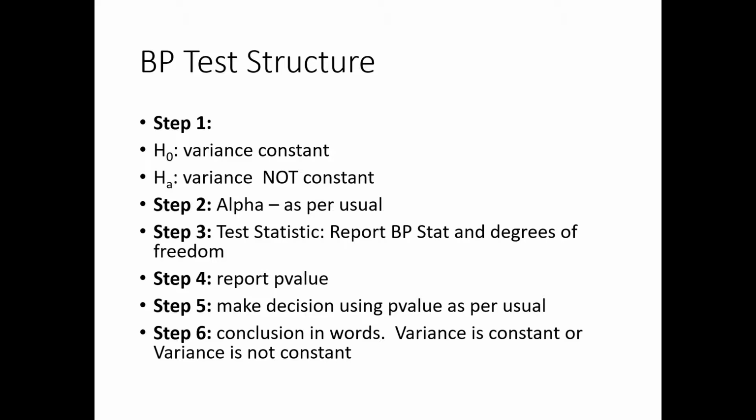Step 2, it's the same old alpha. Step 3, the test statistic is the Breusch-Pagan test statistic and its degrees of freedom. It's a chi-squared distributed variable, so we would expect it to have degrees of freedom like every other chi-squared distributed variable.